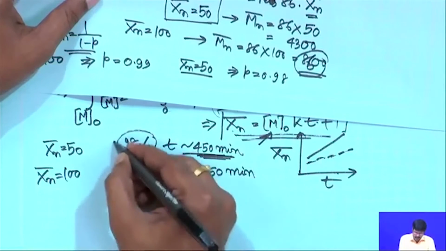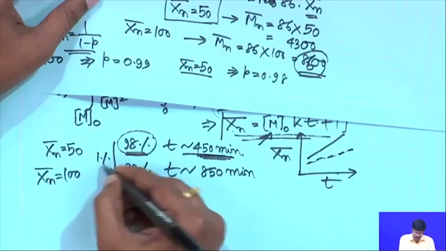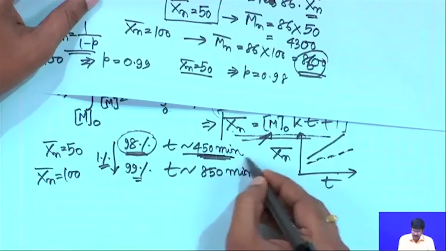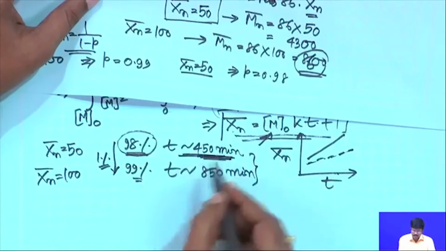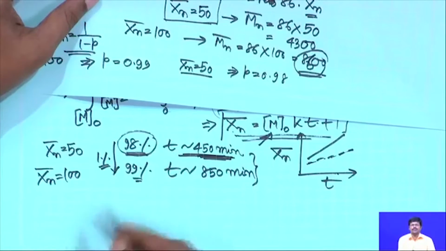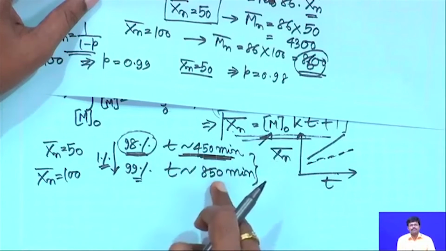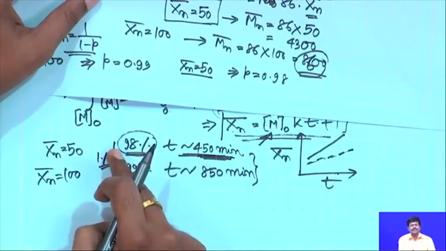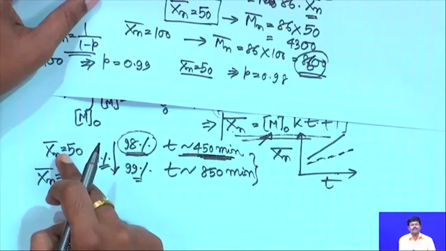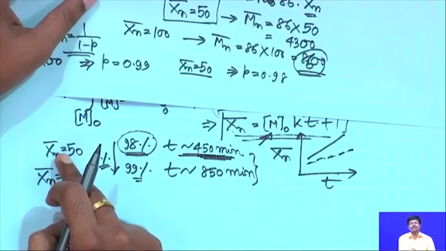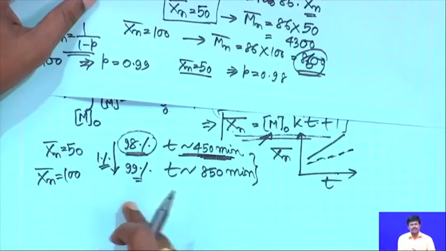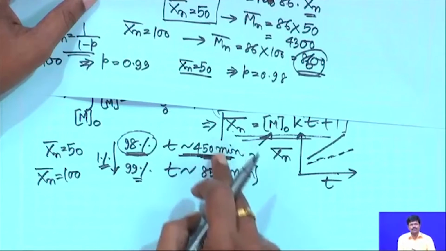So, from 98 to 99%, for this 1% of the reaction you had to wait double the amount of time that you had to wait for the first 98% of the reaction. So, you know how difficult it is, but you have to wait for this extra time, because if you stop at 98% you get only 50 degree of polymerization, your molecular weight is only around 4000. If you want more than 8000, 9000, you have to wait for this double amount of time.